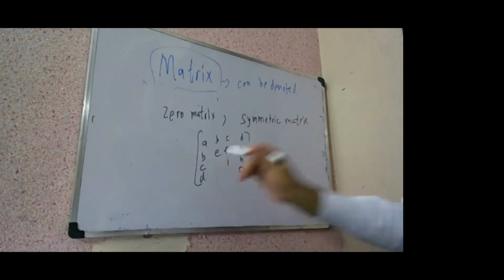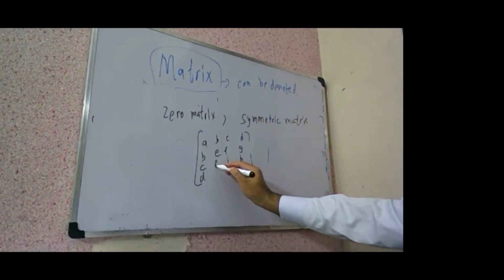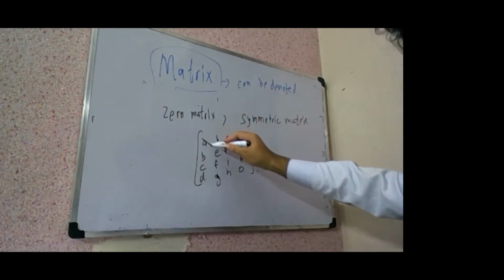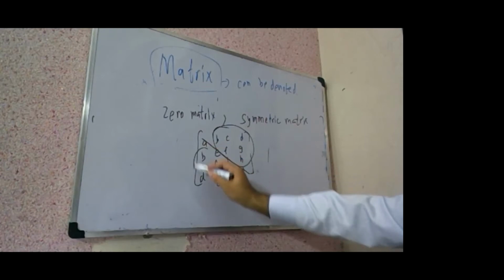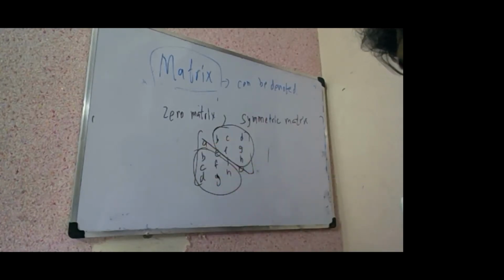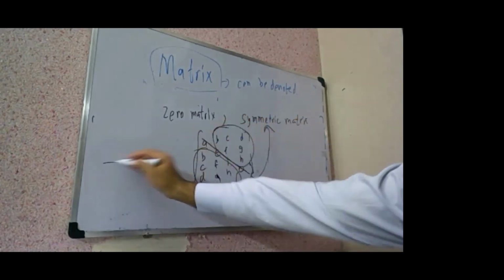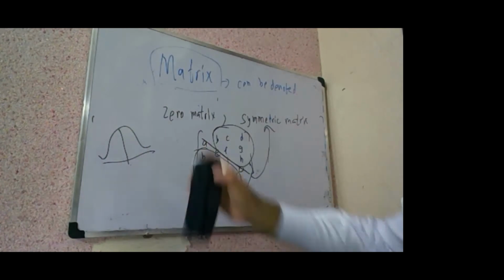Similarly, here should be F and G, and here H. So if I see this diagonal, this half is exactly the same as this half. That's why we call it a symmetric matrix. You know the symmetric shape, right? You cut it and you get two equal halves.